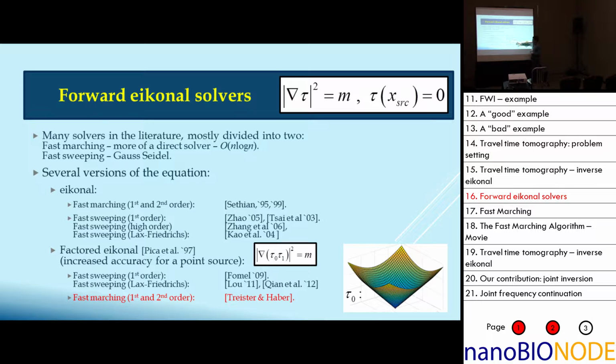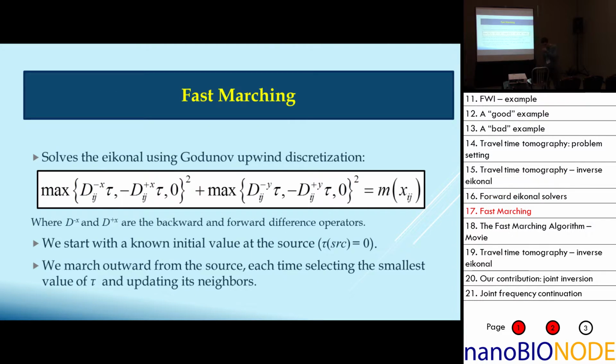Still, for this equation, there were only fast sweeping methods available, and we developed a fast marching approach for several reasons. One of them is the solution of the inverse problem for this particular travel time. So we've got this paper on the web. But let me just briefly describe what fast marching is about.